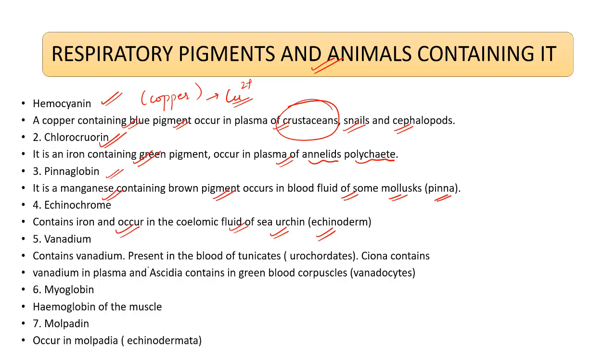Now, vanadium is present in the blood of tunicates, Urochordata.